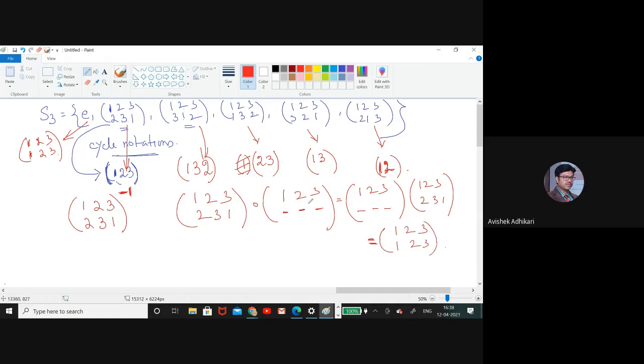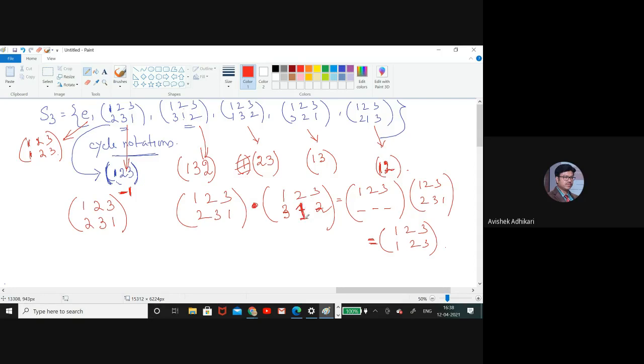Okay. So what is this element then? Can anybody tell me what should be the inverse of this? 3, 1, 2. Okay, somebody says 3, 1, 2. Now can somebody quickly check this composition.